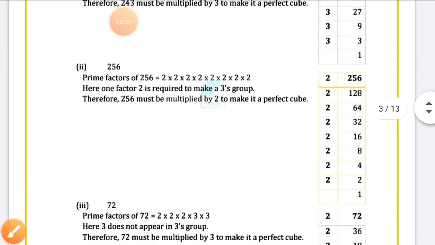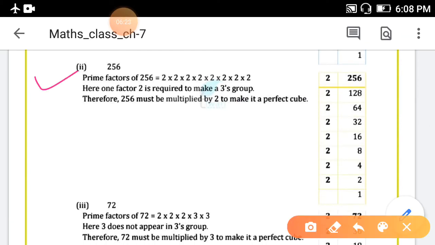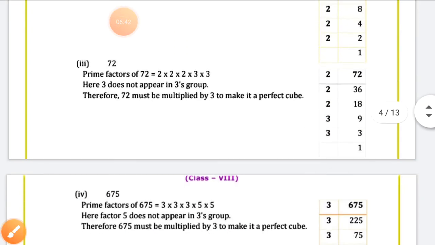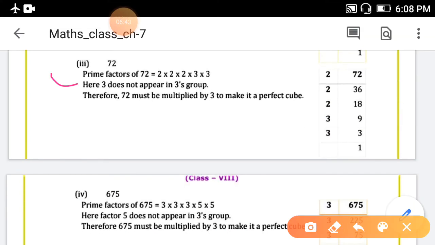Second one, 256. Here are the prime factors. This is the first group, second group and third group. So 2 groups are completed. In the third group only one factor 2 is required to make a 3s group. That's why this number must be multiplied by 2. 72. Here are the prime factors.